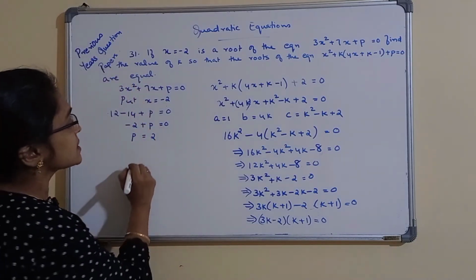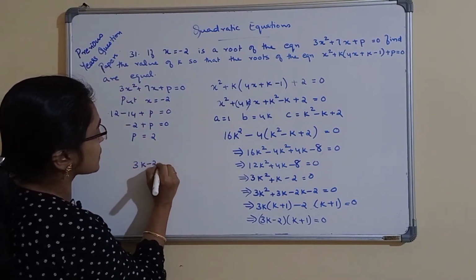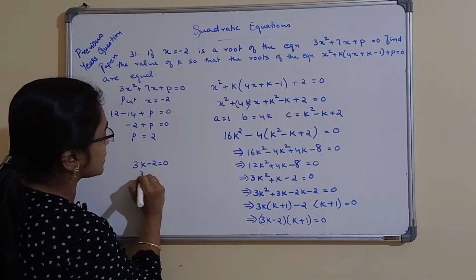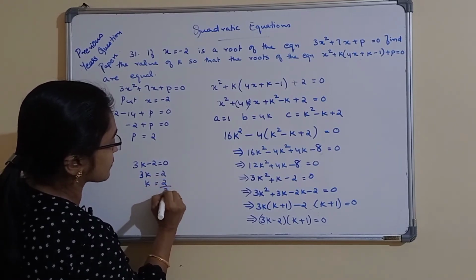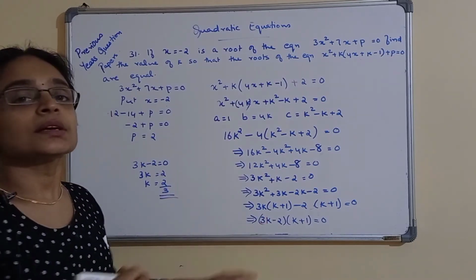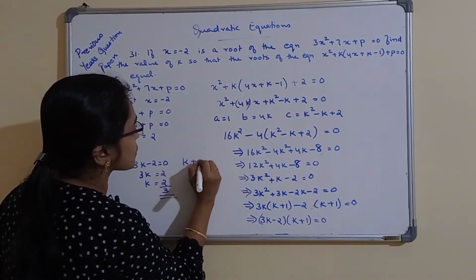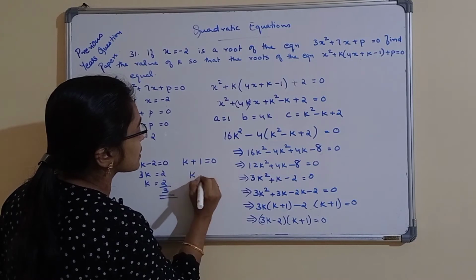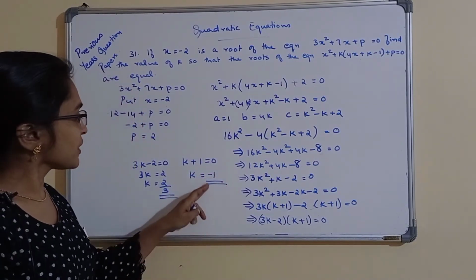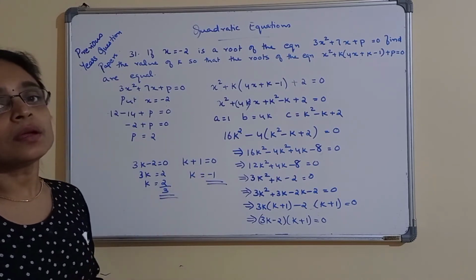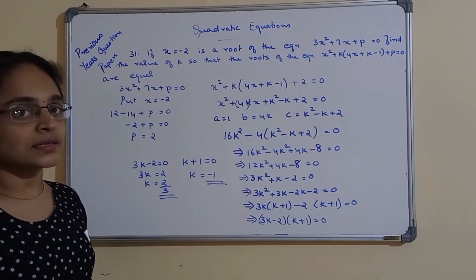This implies 3k minus 2 equal to 0, which means 3k equal to 2, k equal to 2 by 3, and k plus 1 equal to 0, which means k is equal to minus 1. So the values of k are minus 1 and 2 by 3. Understood?